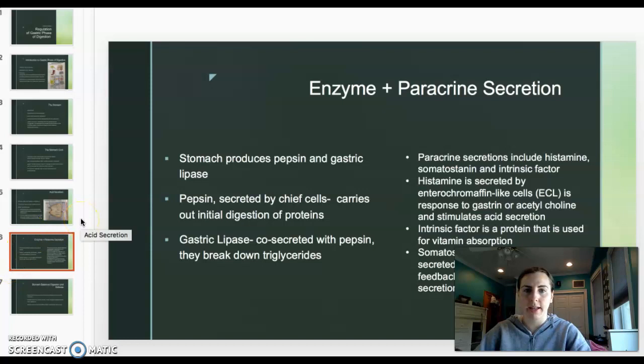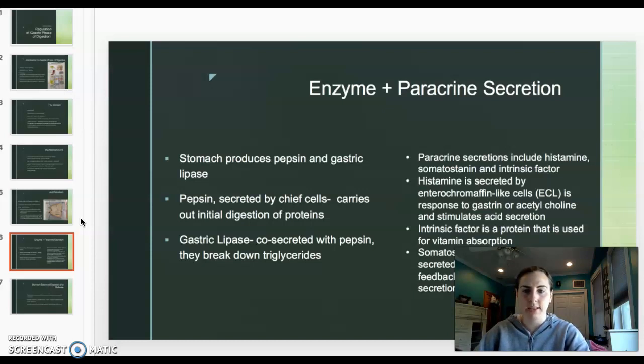I want to talk about enzyme and paracrine secretion. The stomach produces two very important types of enzymes, known as pepsin and gastric lipase. Pepsin is secreted by cells known as chief cells, and these chief cells carry out the initial digestion of proteins. One of the major roles of pepsin is to digest meat, because meat requires pepsin to digest.